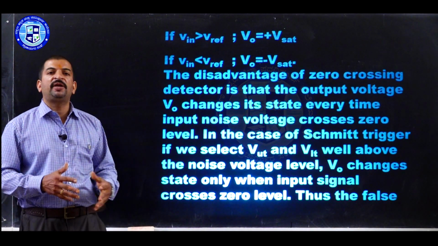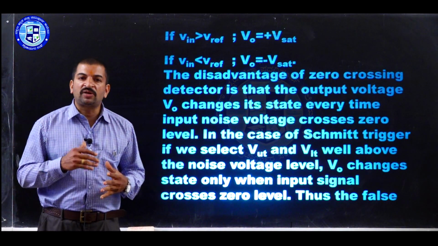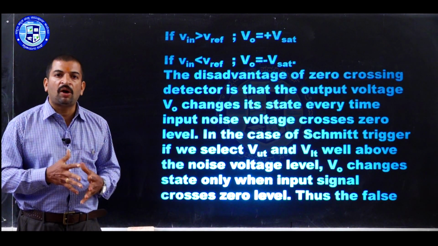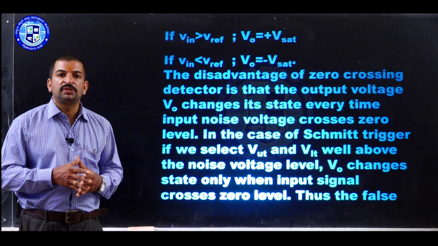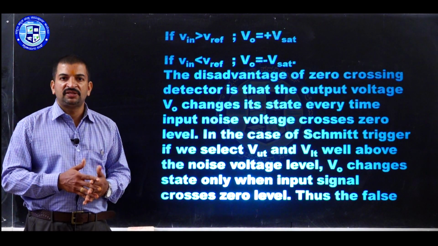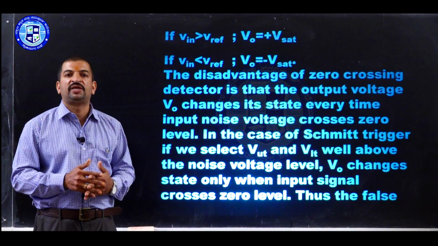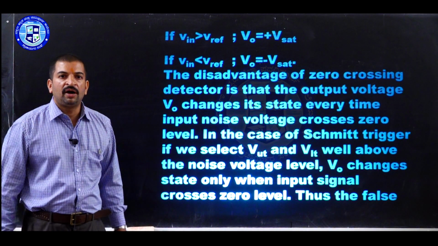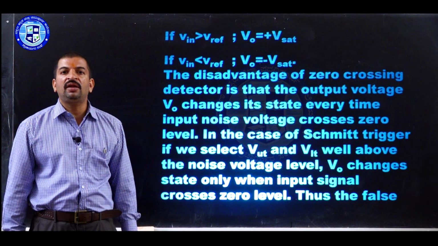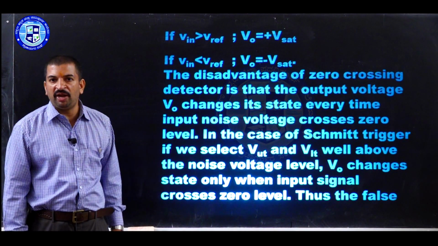In the case of the Schmitt trigger, the false output transitions will not occur. This is because if we select the upper threshold voltage and the lower threshold voltage well above the noise voltage level, then the false output transition can be avoided.